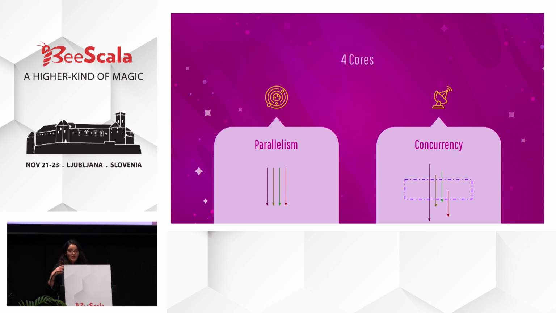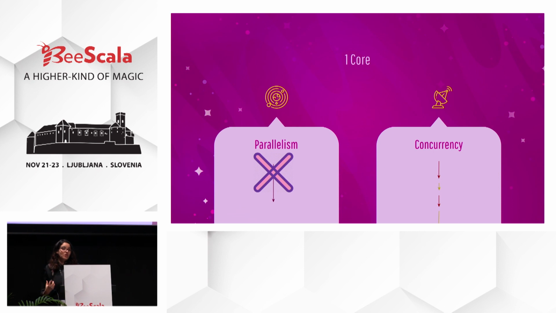But we can say our concurrent computations are running in parallel because at any point in time they will be executed all together. You have the power of the hardware that you can use, taking advantage of parallelism. But for a machine with 1 core, you cannot achieve parallelism.